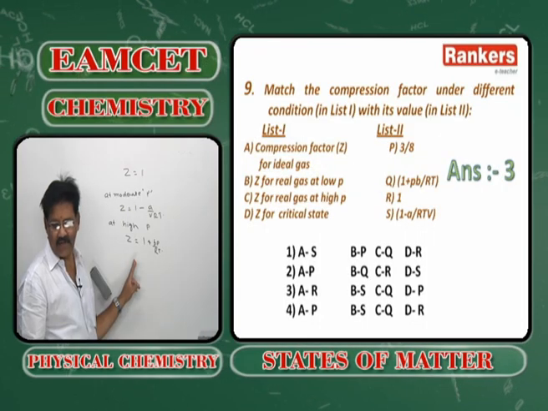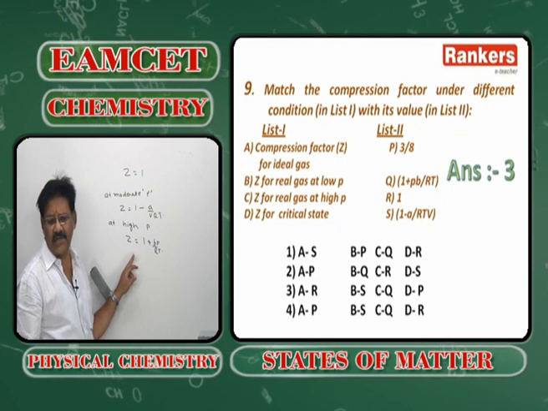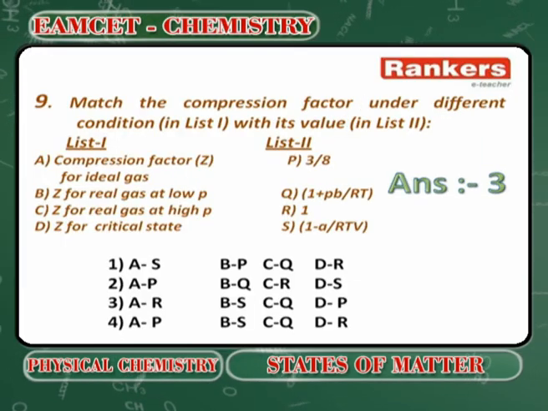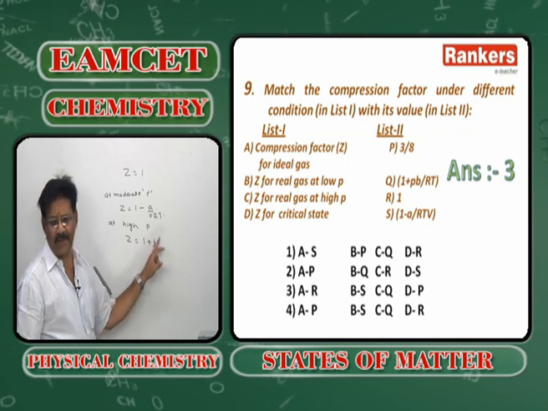Next, Z for the critical state. The compression factor for an ideal gas is 1. So for A it is R. For Z of a real gas at low pressure, for B it is S. For C, Z for a real gas at high pressure is Q, 1 plus BP by RT.